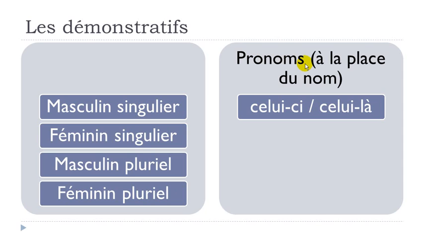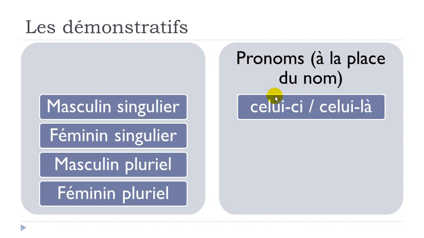Okay, so for the masculine form, we will have celui-ci and then celui-là. Okay, so we'll see the difference of use, but celui-ci, celui-là. In English, it would be directly translated as this one. Okay, so you don't want to repeat the name or the thing that was previously stated, so you use this one.